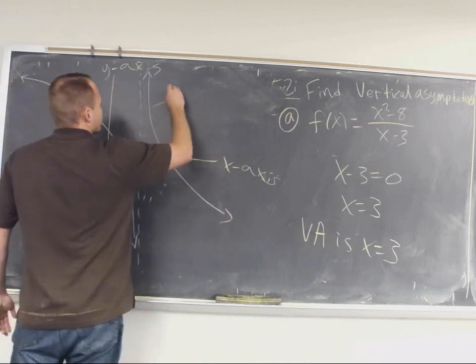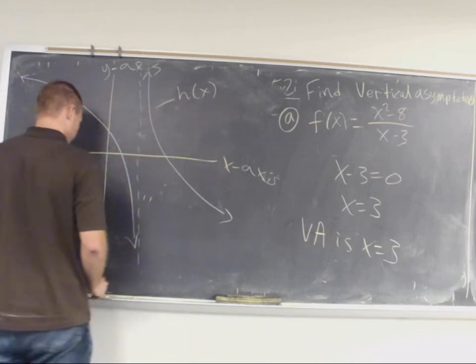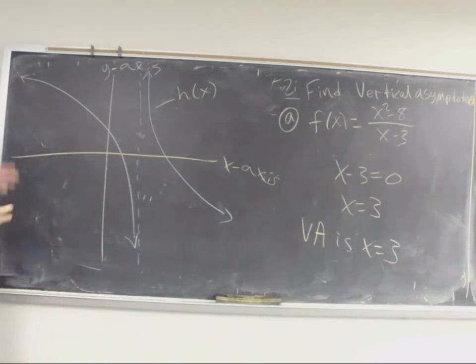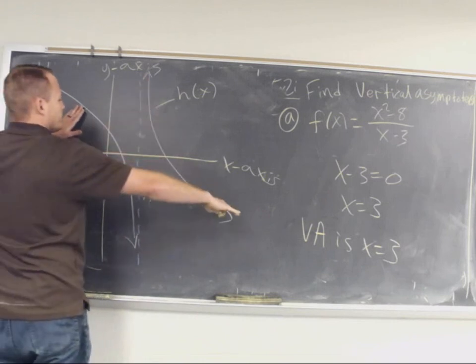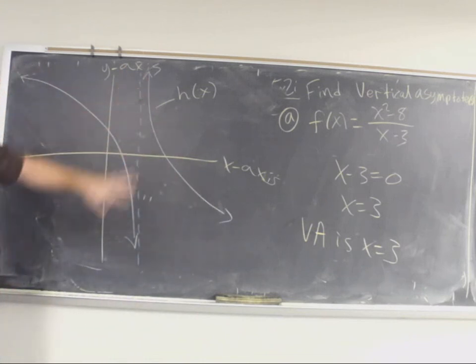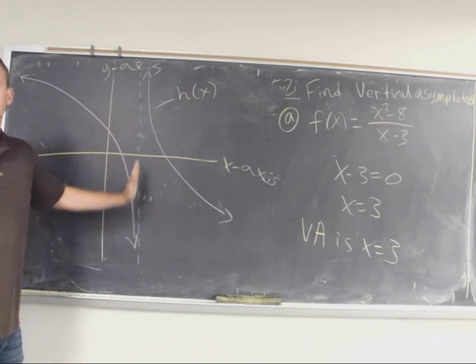We'll call this function h of x, whatever that is. All right? So this is my function in the white, here and here. And then this blue dashed line, it is dashed if you can tell. Yeah, you can. So this blue dashed line is what we call the vertical asymptote.